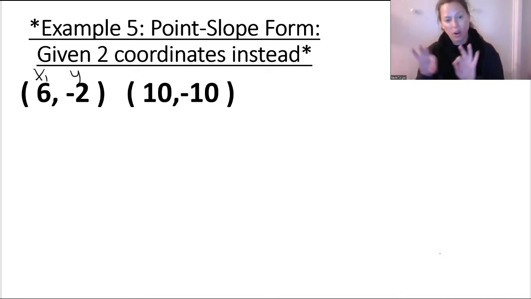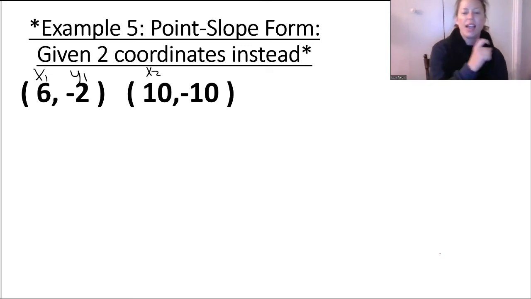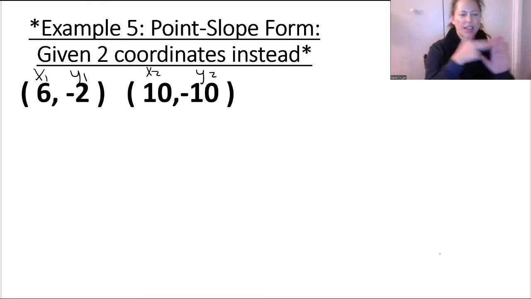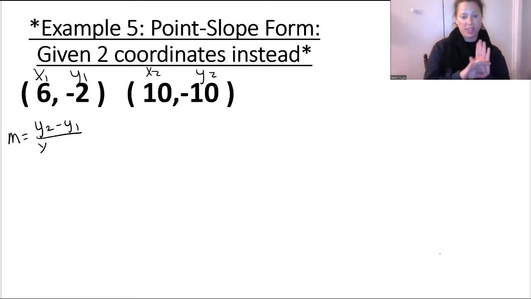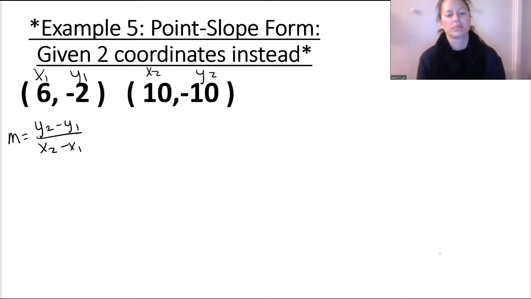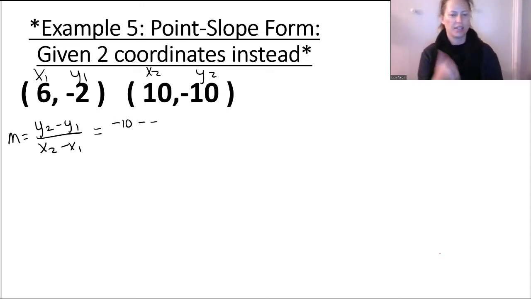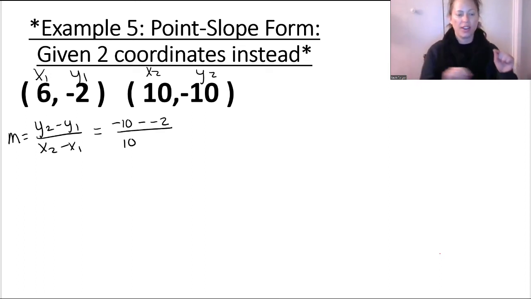x1, y1, x2, y2. Right now what we're doing is finding the slope first. m equals y2 minus y1 over x2 minus x1. So y2 is negative 10 minus negative 2 over 10 minus 6.